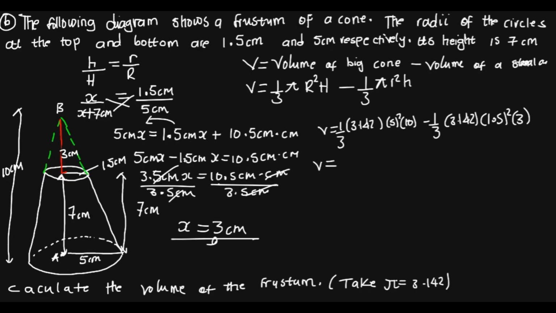So let's do the first part here. We'll do 3.142 times 5 squared, which is 25, times 10. So this is 785.5 centimeters cubed. Then the second part: 3.142 times 1.5 squared times 3.